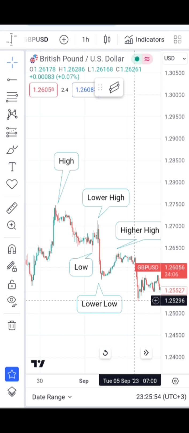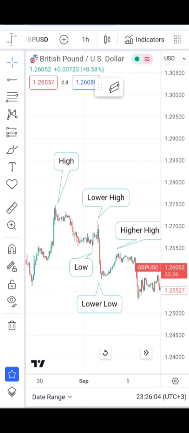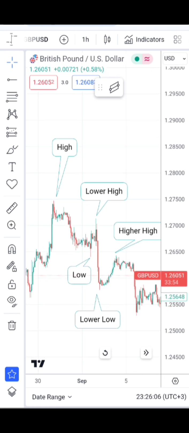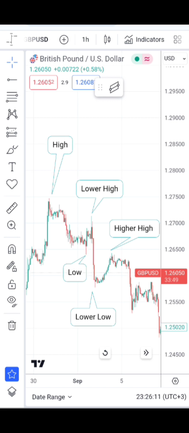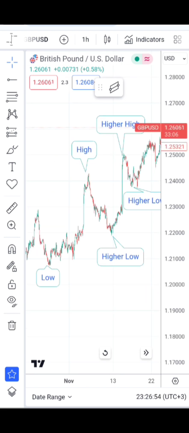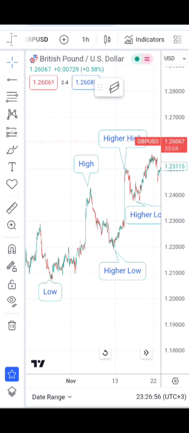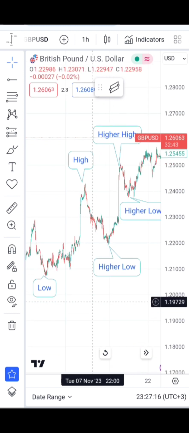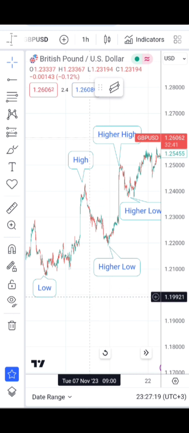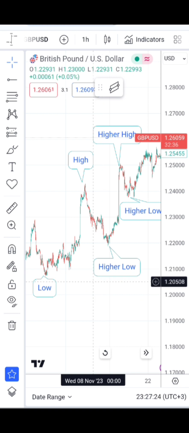So one would say at that time GBP/USD was bearish, rather was in a downtrend on the 1 hour time frame due to the formation of lower lows and lower highs. Moving on to an uptrend, we can use this same 1 hour chart to show us a structure during an uptrend, rather when the market is bullish.